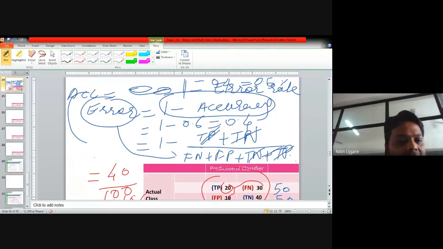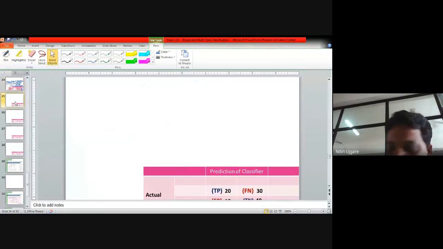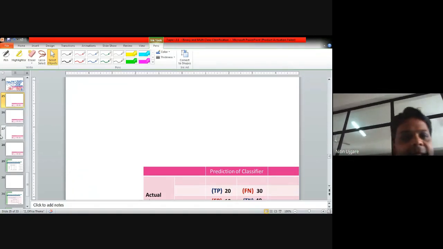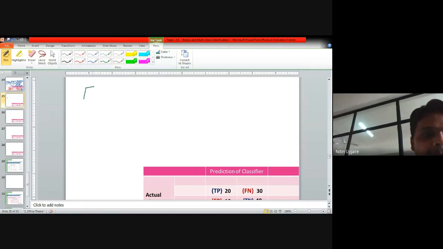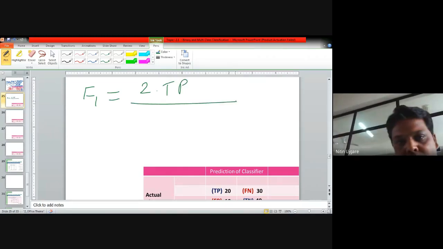So that's it. Then we'll go to the next terminology, which is called the F1 measure. The F1 measure is basically the measurement of performance of a classifier, and it is defined as 2 Tp divided by 2 Tp plus Fp plus Fn.